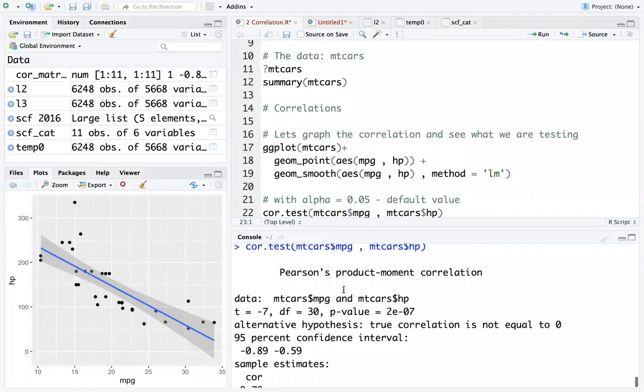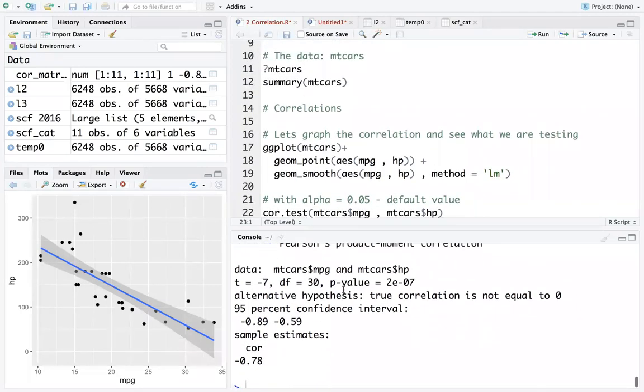I know this is a lot of information, keep in mind I'm recording this. The first thing that's happening is that I get a p-value. That's the first thing I'm looking for. A p-value is saying: what is the probability that these results are just random?